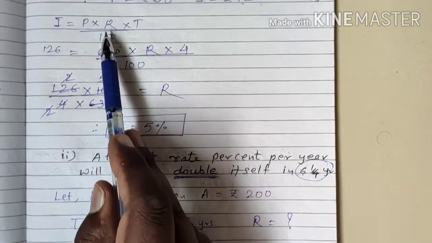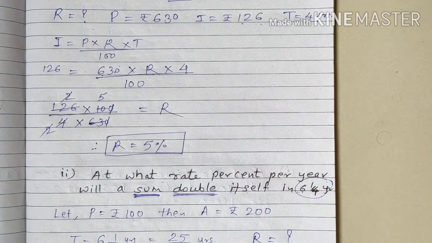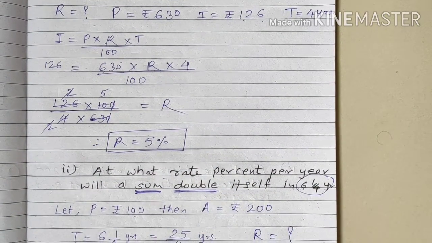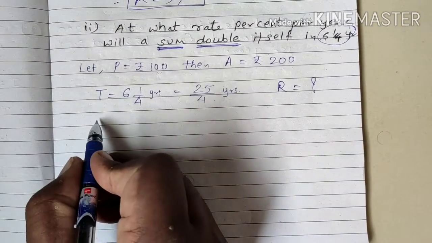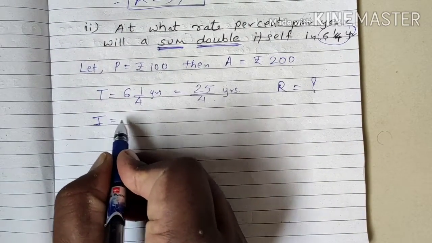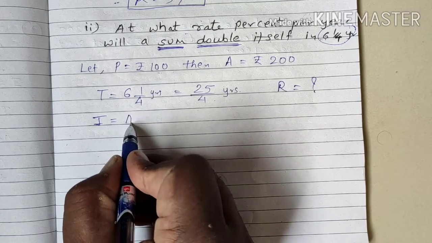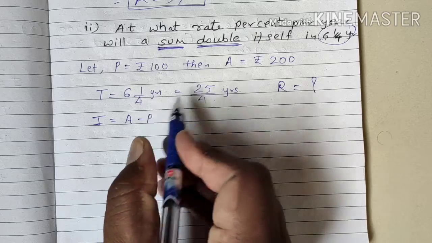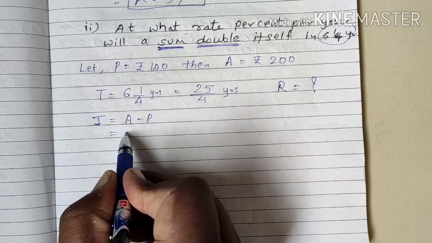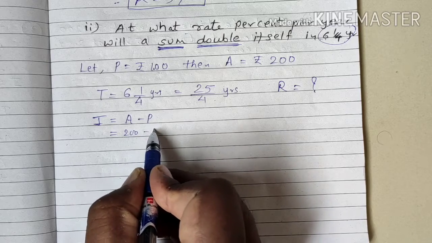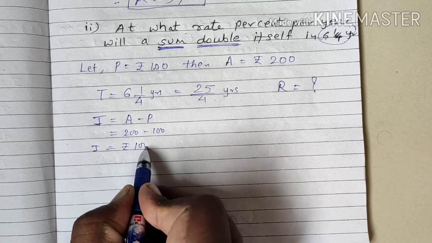I is equal to P into R into T upon 100. This is the formula to calculate the rate. So for that, we need to calculate the interest. To find out this interest, we can also calculate amount minus principal, because amount and principal are given to us. So amount is 200 minus principal 100. So interest will become rupees 100.